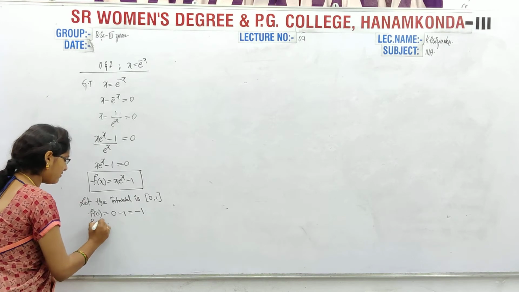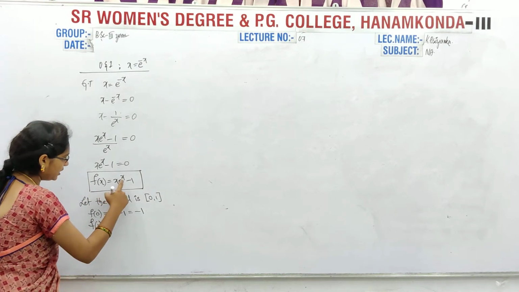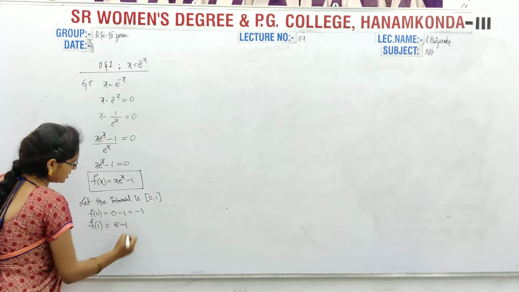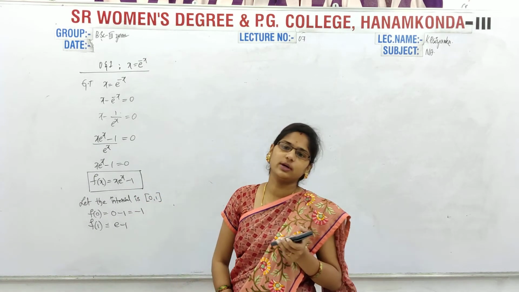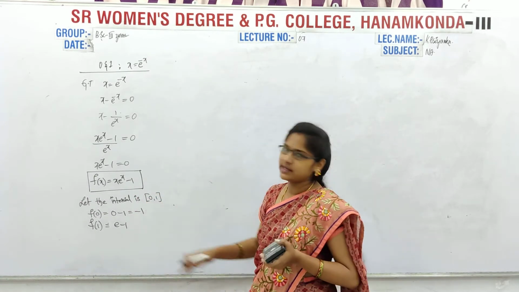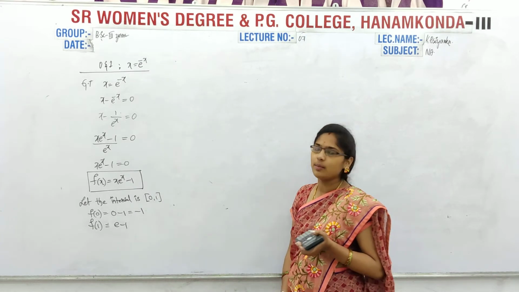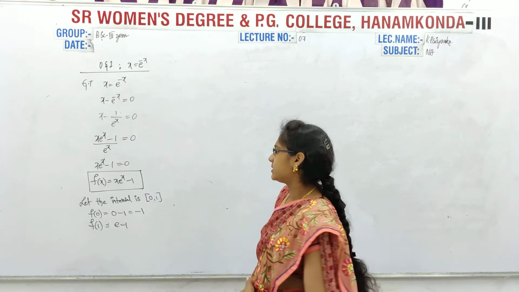And f of 1 means 1 into e power 1, which is e minus 1. Obviously we know that e is 2 point something, minus 1, so we will get a positive number.